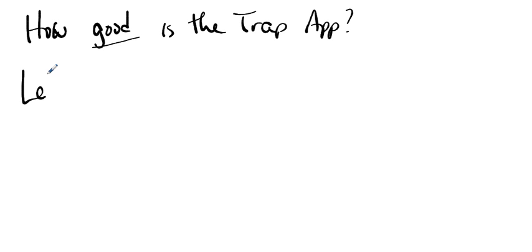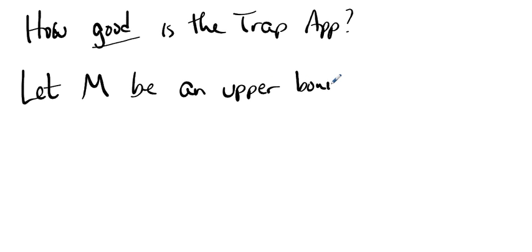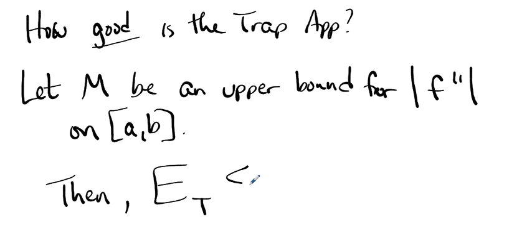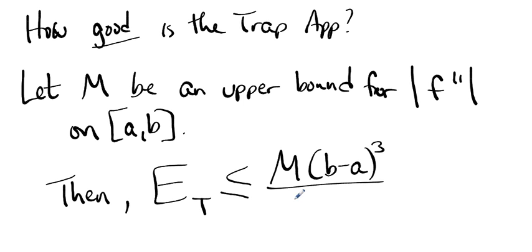Well, I'll tell you, if you let capital M be an upper bound for the absolute value of f double prime on the closed interval [a, b], then the error on the trapezoidal approximation is less than or equal to whatever that value of M is times the length of your interval cubed over 12 times the square of the number of intervals you used.